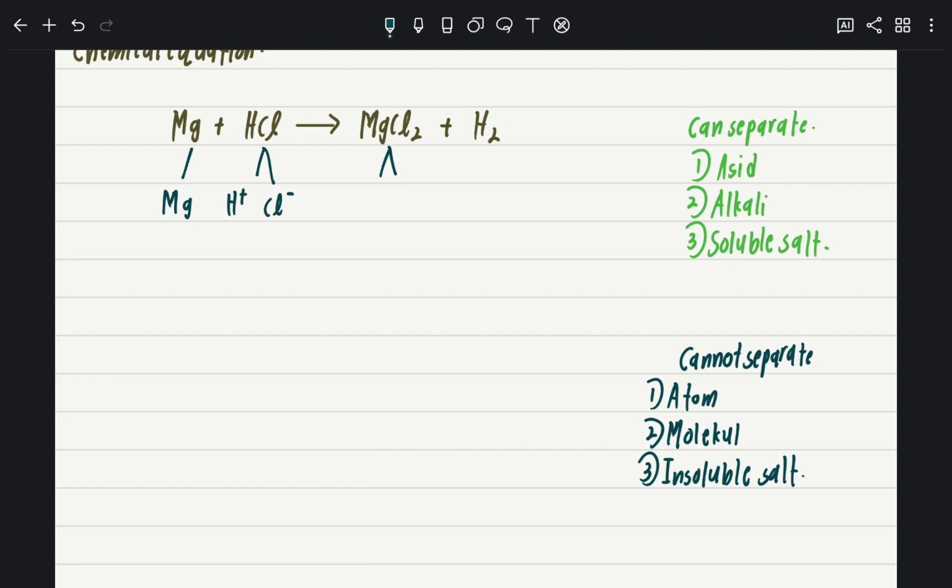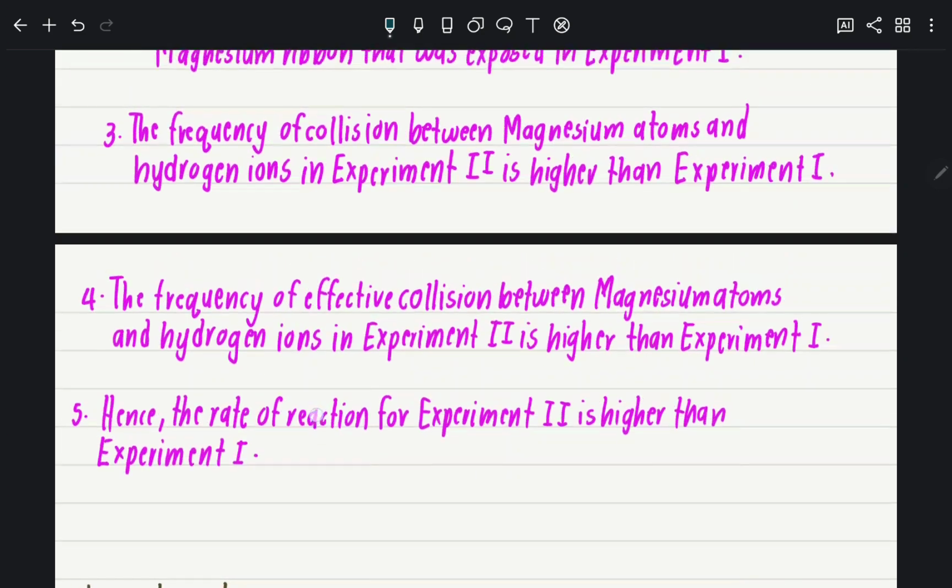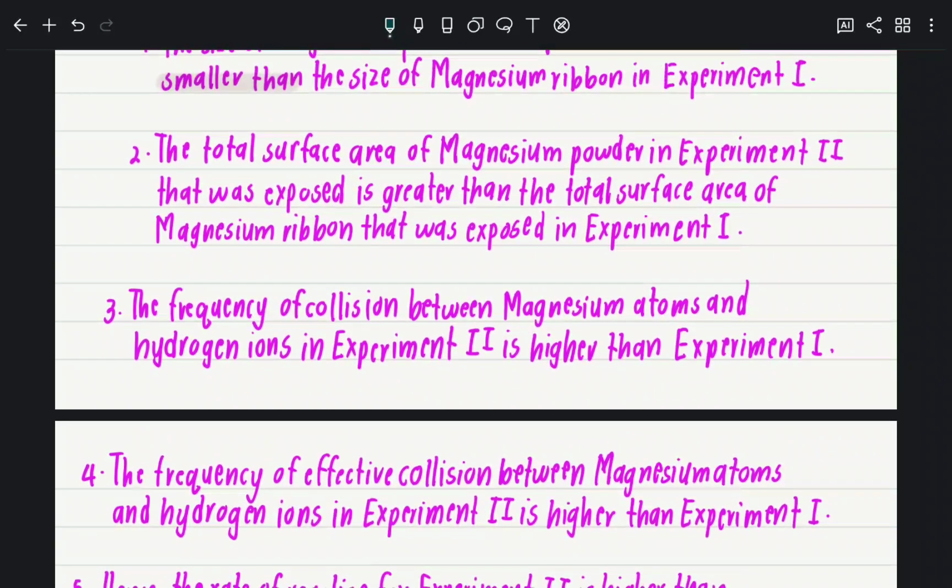So this is a soluble salt, so can separate: Mg2 plus and Cl minus. And this one is hydrogen gas, write it back. Now look at which ones you can cancel. This one and this one can be cancelled, they are the same. So Mg2 plus, H2, H2 is the molecule. Now look, I said that for the frequency of collision, we would take the reactant only.